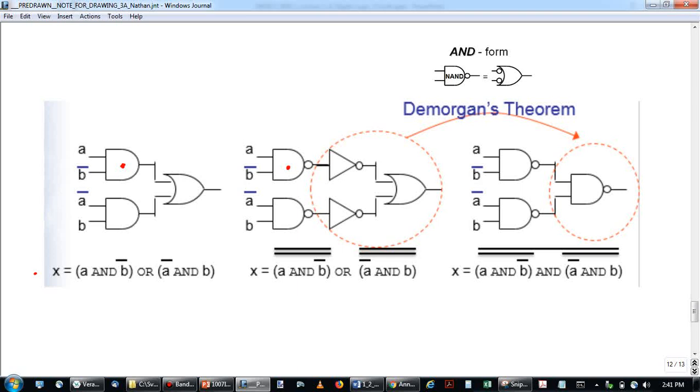Would you agree with that? There's definitely a change. So what we've done is we've recognized that NAND is the same as AND not. And so what we're doing is this.